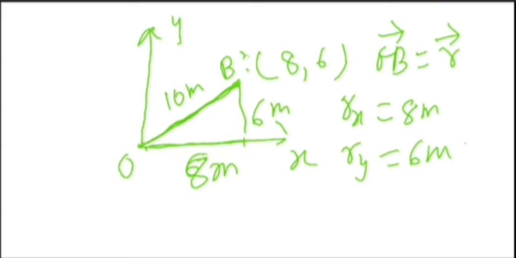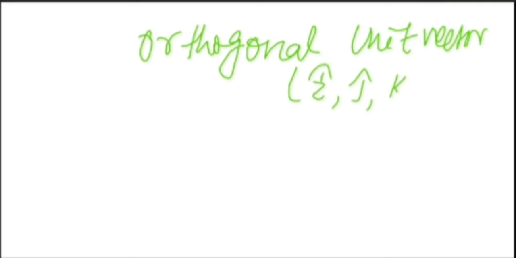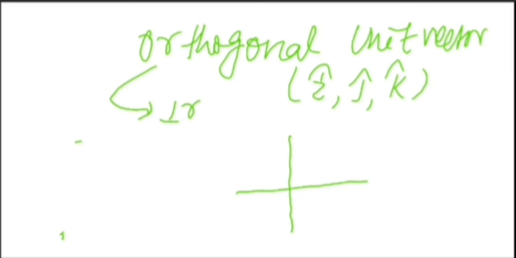To represent position vector in vector form, we have to know orthogonal unit vectors. Orthogonal unit vectors are i cap, j cap and k cap. Ortho means perpendicular to each other. These unit vectors are perpendicular or normal to each other, so their name is orthogonal unit vectors. i cap is along the x-axis, j cap along the y-axis, and k cap along the z-axis.